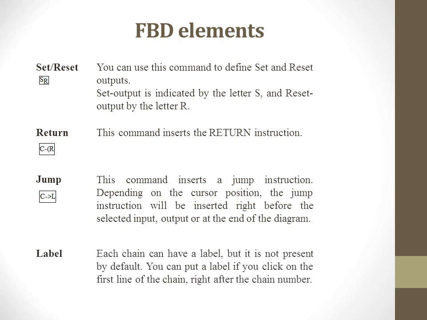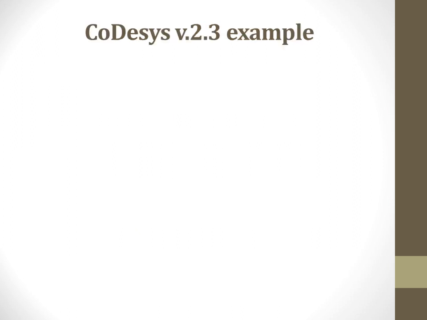Label. Each chain can have a label, but it is not present by default. You can put a label if you click on the first line of the chain right after the chain number.